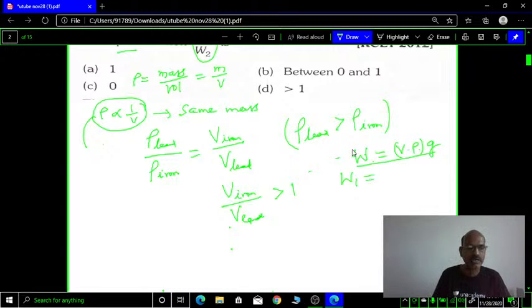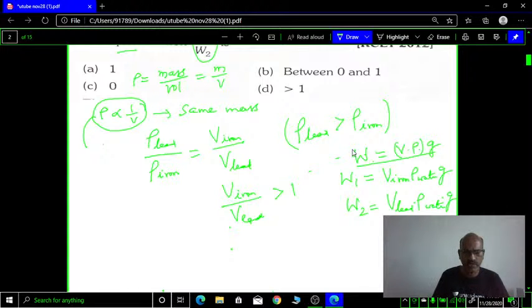W1, the weight of the displaced water for iron, equals V iron into rho, the density of water, into g. Similarly, now let us go for the lead sphere: W2 equals V lead into density of water into g.